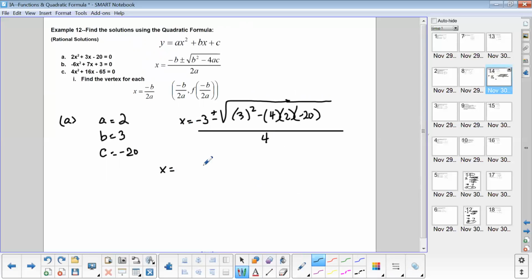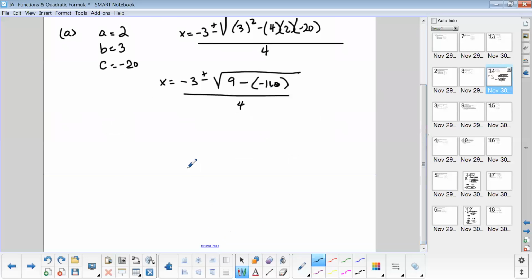And x equals negative 3 plus or minus the square root of 3 squared, which is 9, minus, and here I've got 4 times 2 is 8, 8 times negative 20 is negative 160, all divided by 4. So I get negative 3 plus or minus the square root.